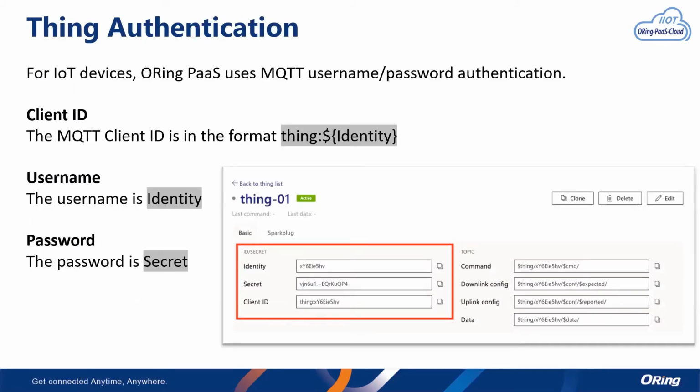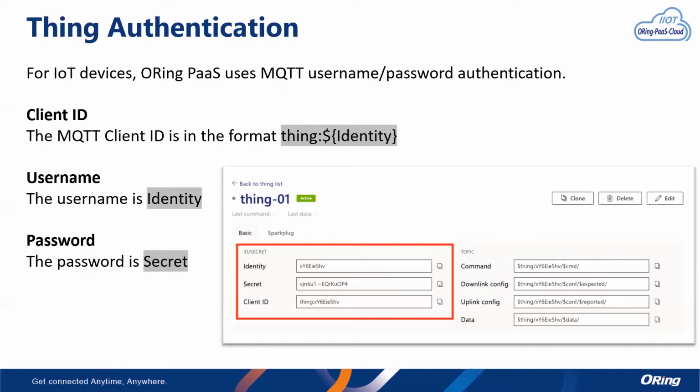Next is Think authentication. Think is a representation of our device in the cloud platform. For IoT devices, we use MQTT username and password for authentication. After the device is registered and added to the cloud platform dashboard console, you will see that identity, secret, and client ID are generated randomly and automatically.